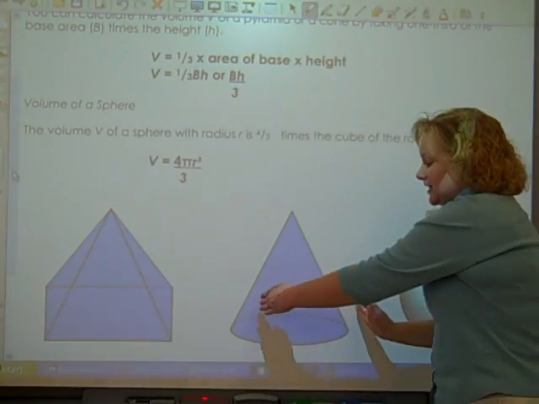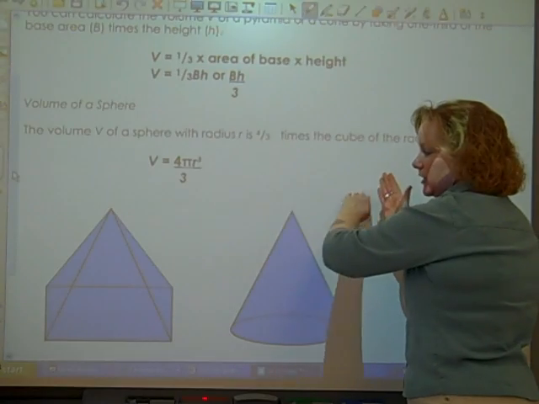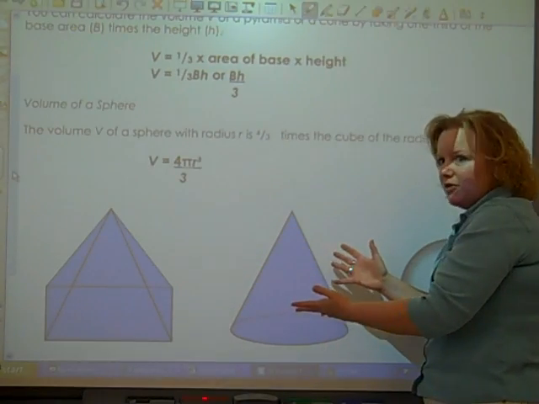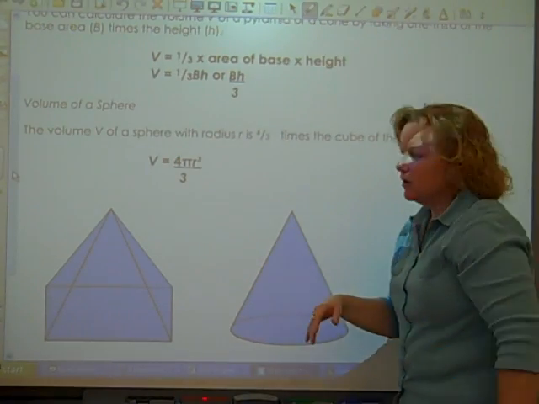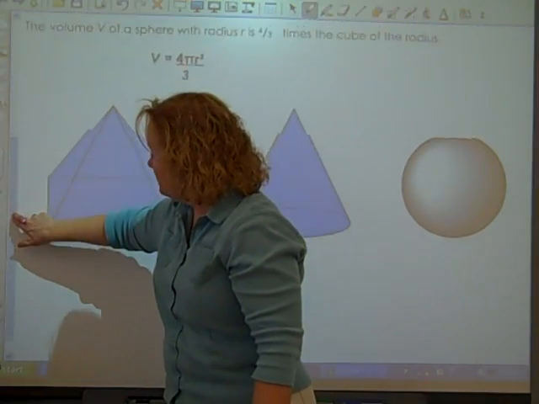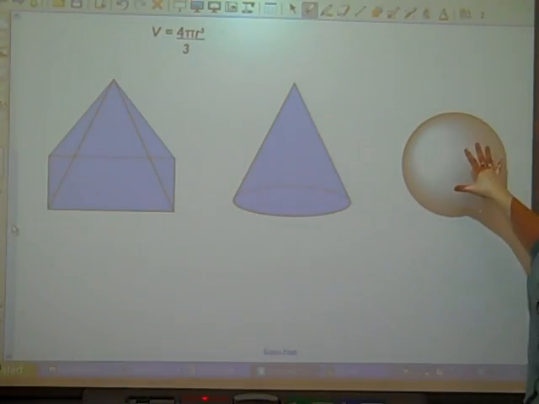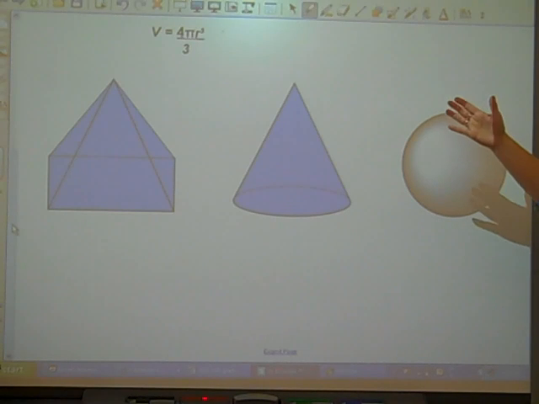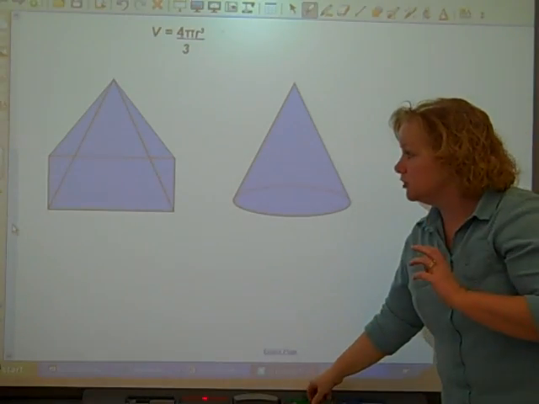Same thing here. Isn't this actually a cylinder if I built it up? So same thing, it's 1/3 of the cylinder. And then the sphere is a formula on its own. It's 4/3 pi times radius cubed. So let's do some. Make sure you know what you're doing.